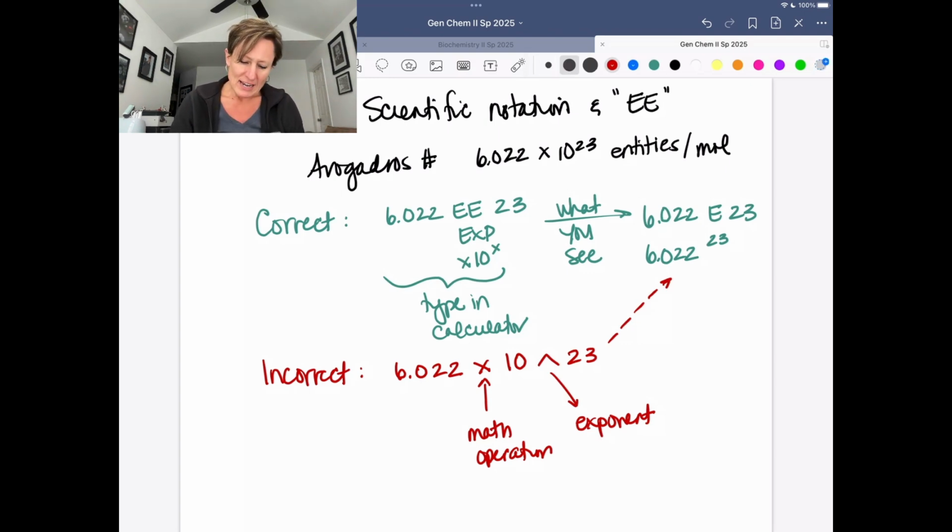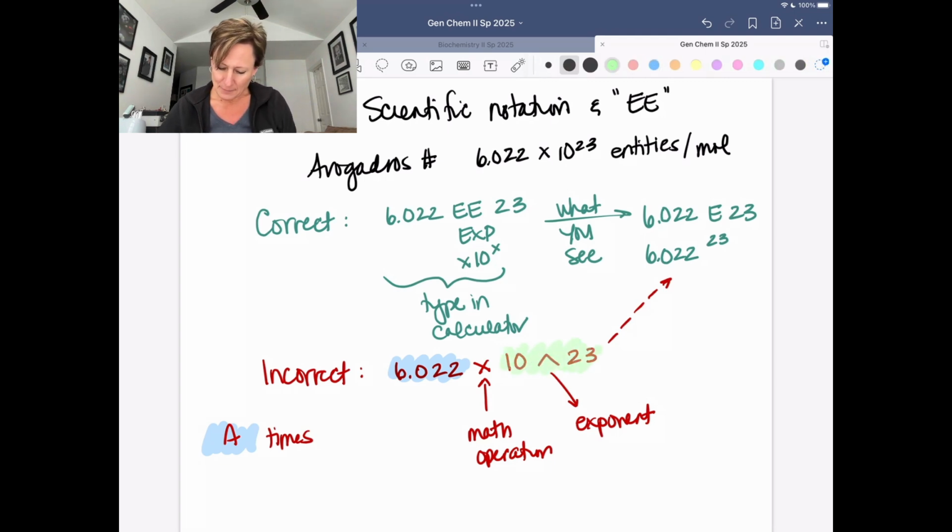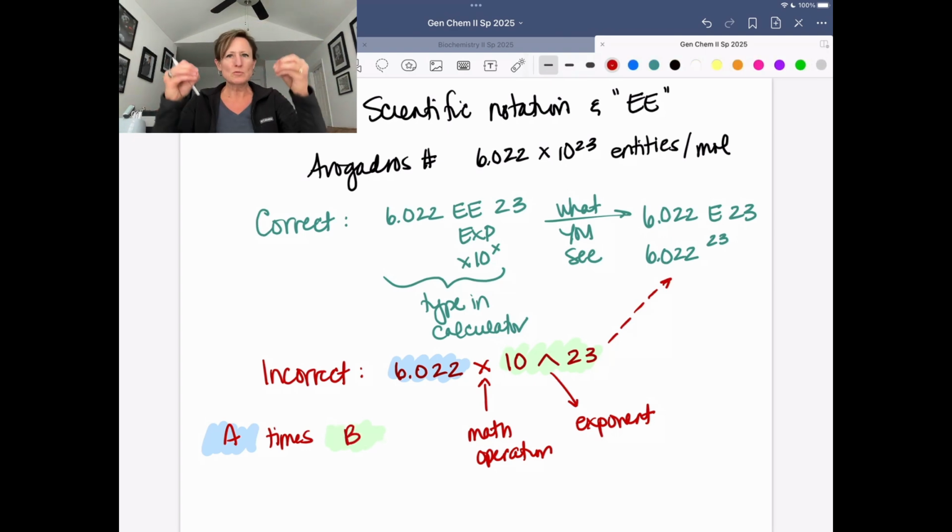Your calculator is recognizing this as two separate math operations. It's recognizing this, for example, as the number A, and then you are multiplying that times this number B. Why that's going to be a problem is when you start multiplying multiple things together, if you don't put things in parentheses, you might think something's in the denominator, but your calculator is putting it in the numerator.